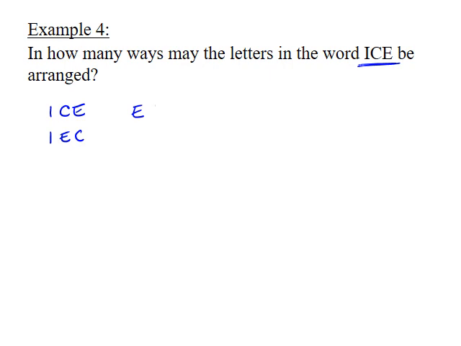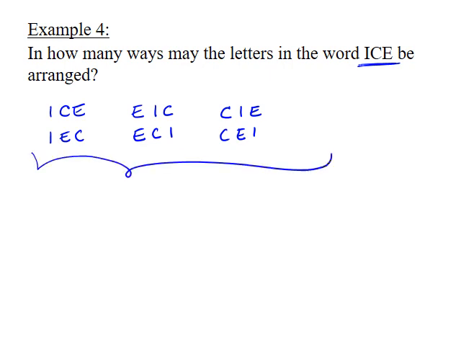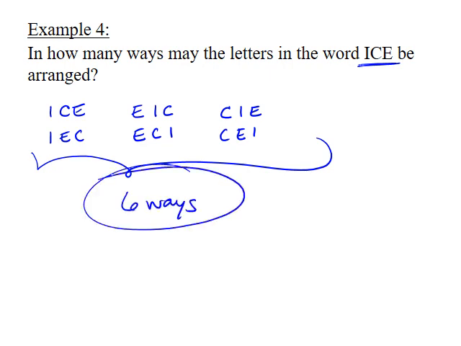If I start with E, I could have EIC, or I could flip-flop those and have ECI. Or I could start with C and have CIE, or flip those and have CEI. There are not any other combinations here. So if I count these up, there are 6 possible ways to arrange the letters in the word ICE.